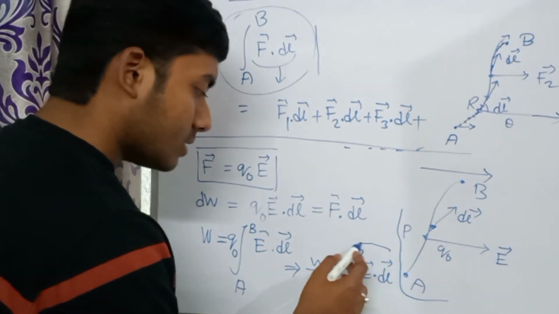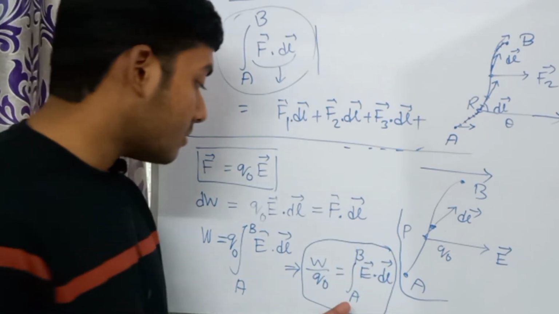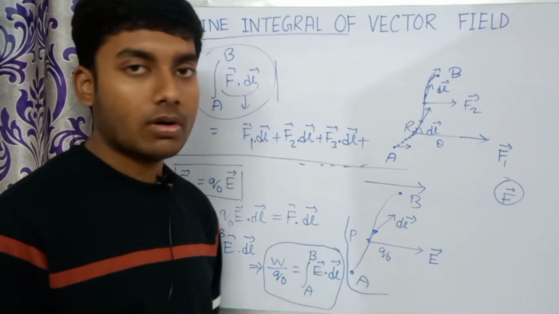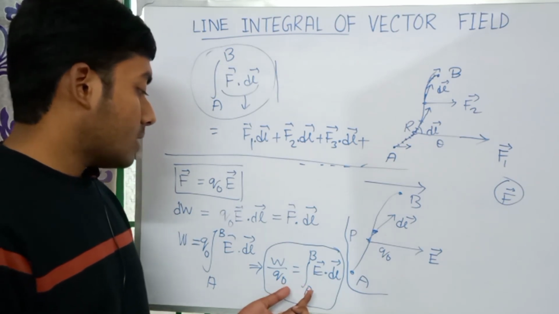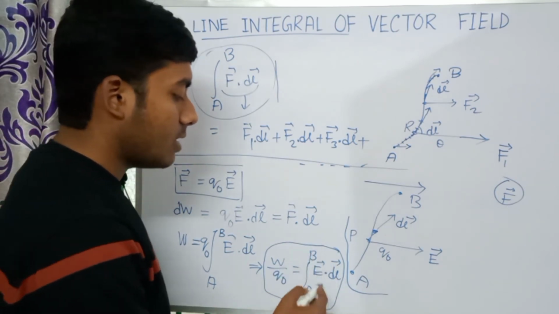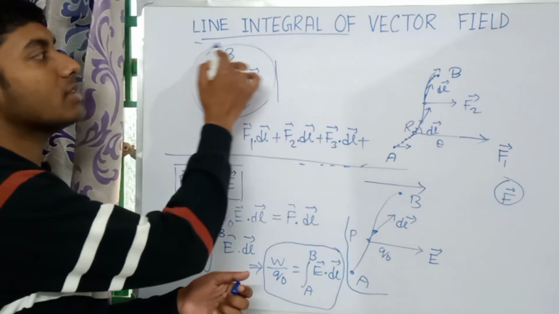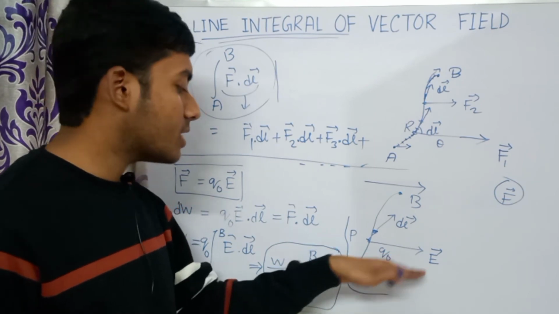What does this expression tell us? There is hidden the physical significance of this simple case. Here the term integration from A to B of E dot dl is the line integral of the vector field E, the electric field.